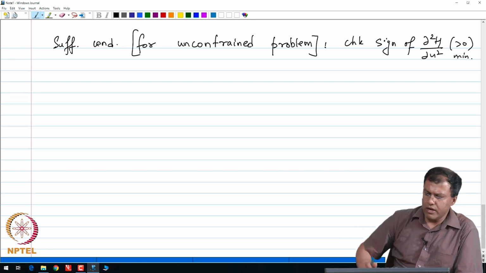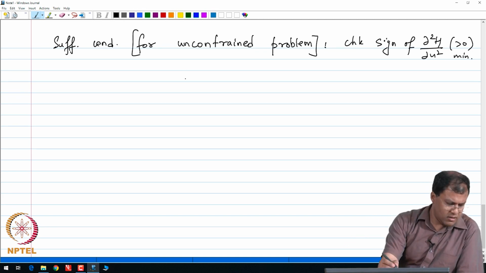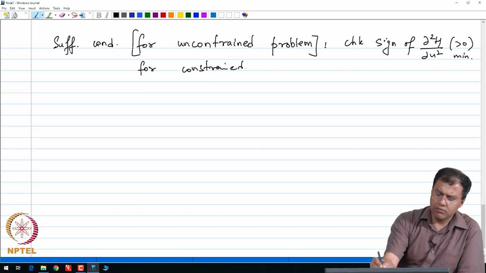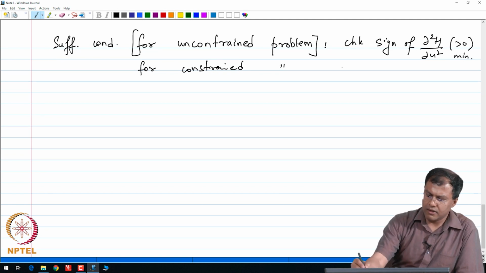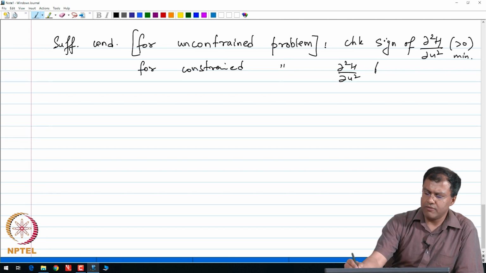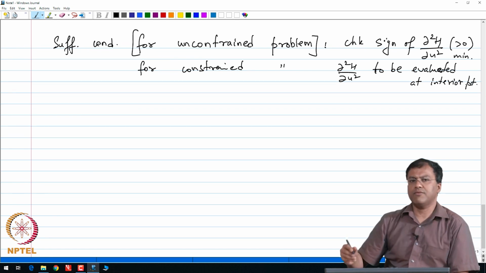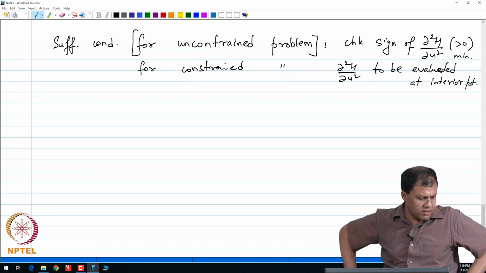So, these are only to be evaluated for the constrained problem, the second partial derivative to be evaluated at interior points. Okay. We cannot just justify the second derivative for the boundary points.